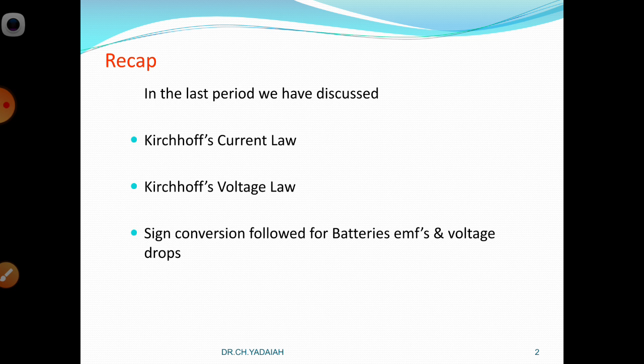Based on this, last class we performed a few examples for a given simple circuit: a closed loop with 2 voltage sources and 3 resistive elements. We analyzed it with our family.